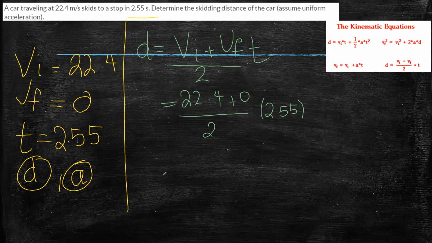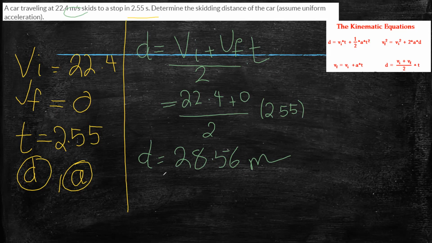So 22.4 divided by 2 multiplied by 2.55. It's 28.56. What is the unit here? Look at the unit. Meters. No, it is meter only. It's distance.